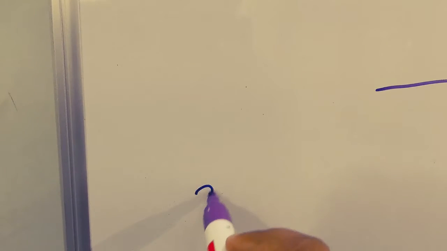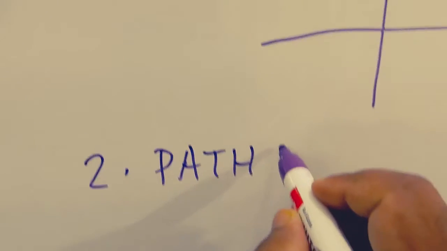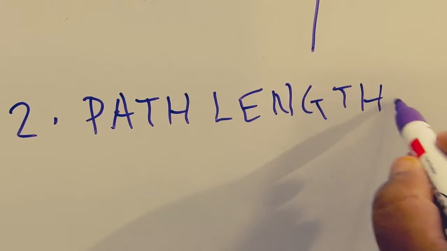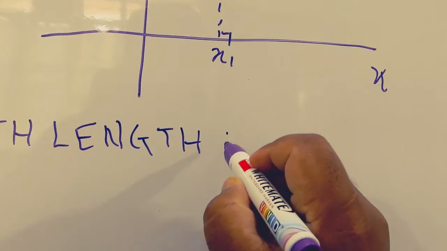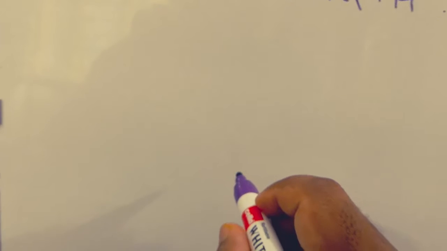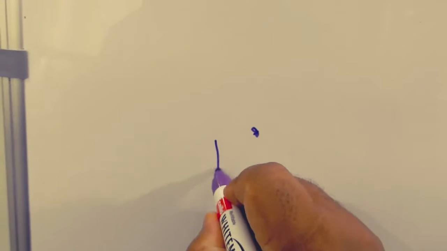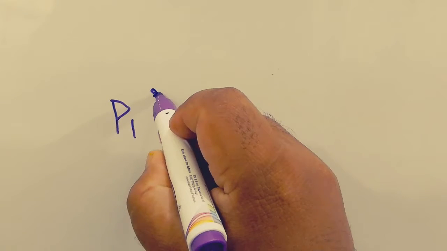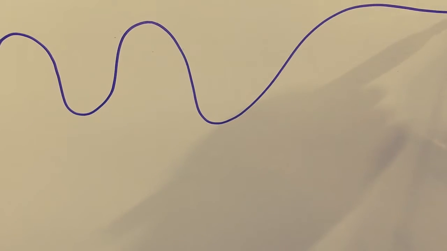Now the second topic we are going to learn is the path length. In defining the path length, let's take a position P1. Now a fly or a mosquito is flying from point P1 along this path and goes to point P2.